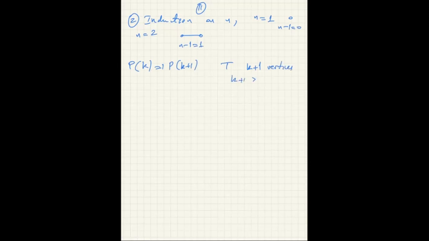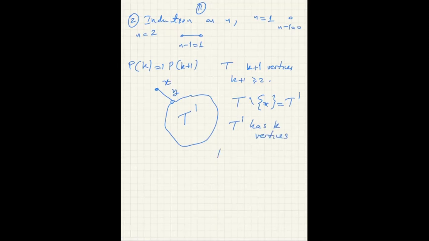K plus 1 is greater or equal to 2, so you have a leaf here. Let's call it x. Let's call the remaining tree T prime: T from which you remove the vertex x is T prime. Now T prime has k vertices.